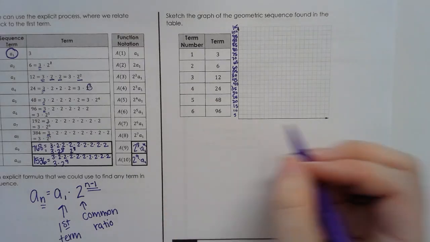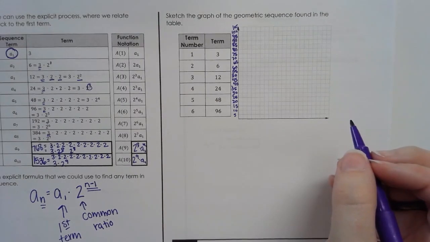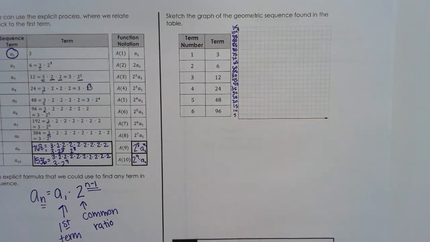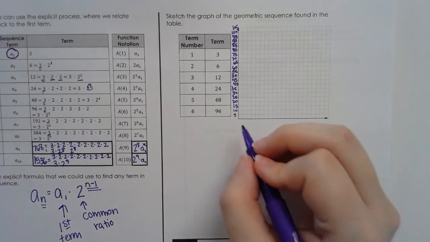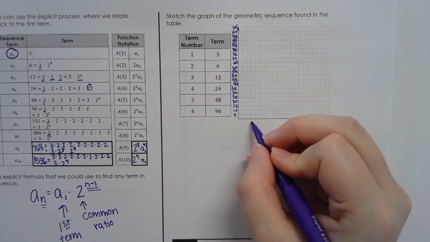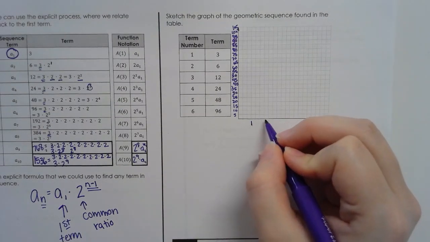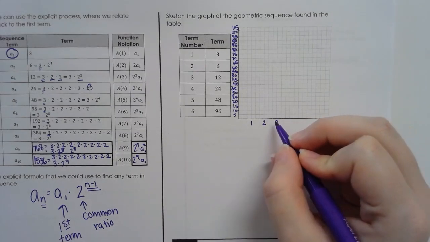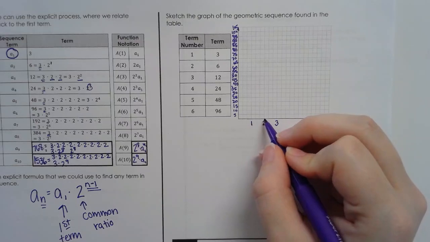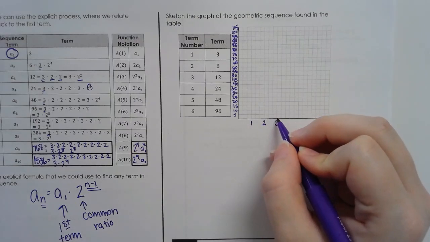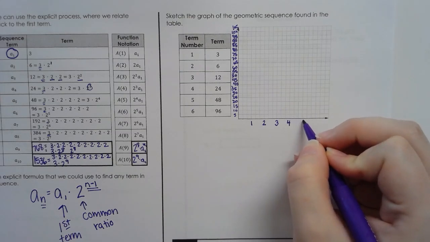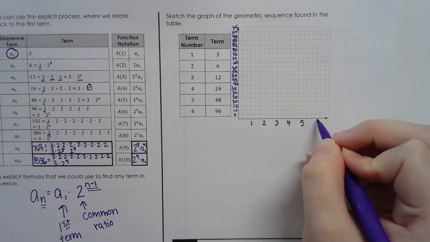And then going across the bottom, we have a lot of room to spread out. So we could even break this down to where maybe every 2 blocks is 1, or maybe even every 3 blocks is 1. So that's 1, 2, 3, 4, 5, 6.